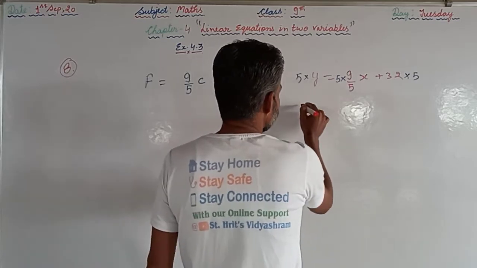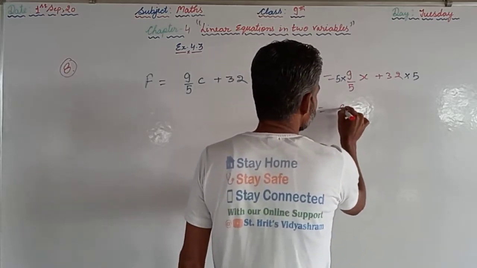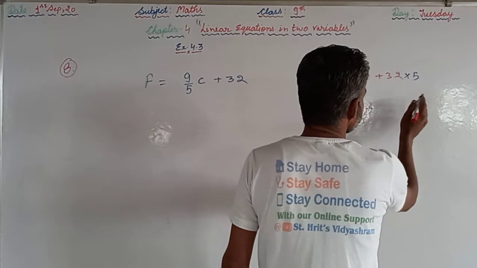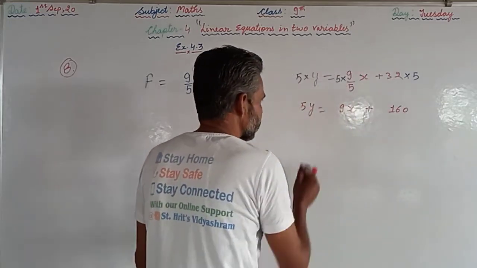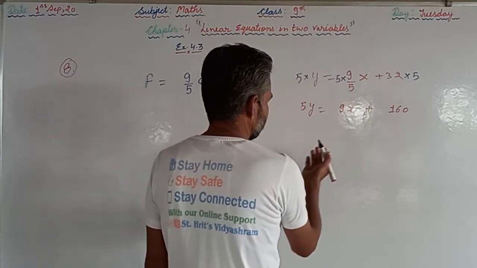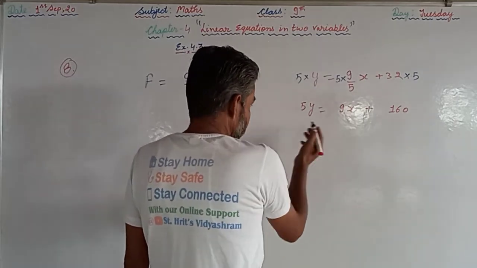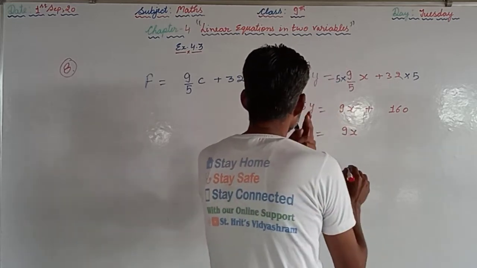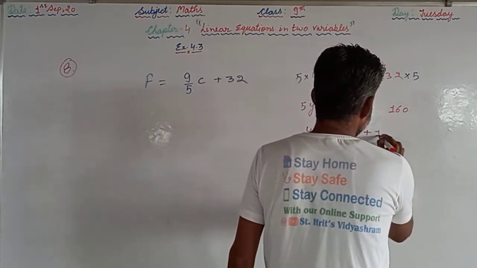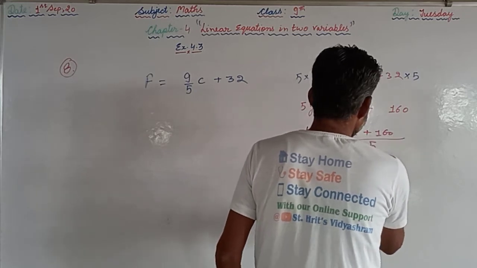So this will become 5y equals 9x plus 160. From here we can have y equals (9x plus 160) whole upon 5.